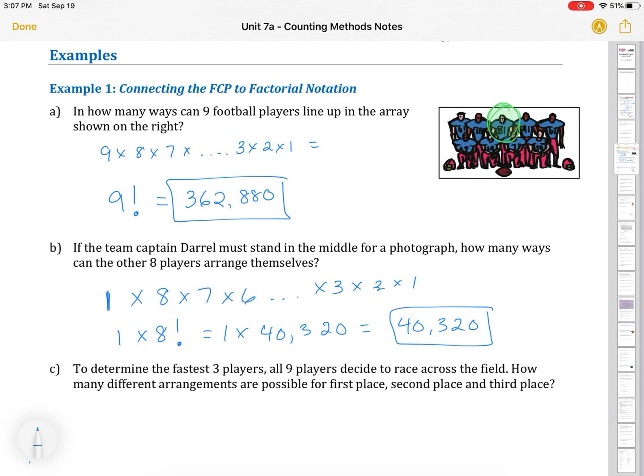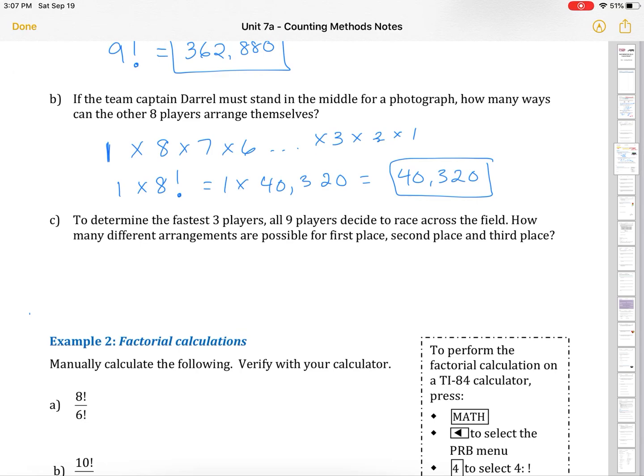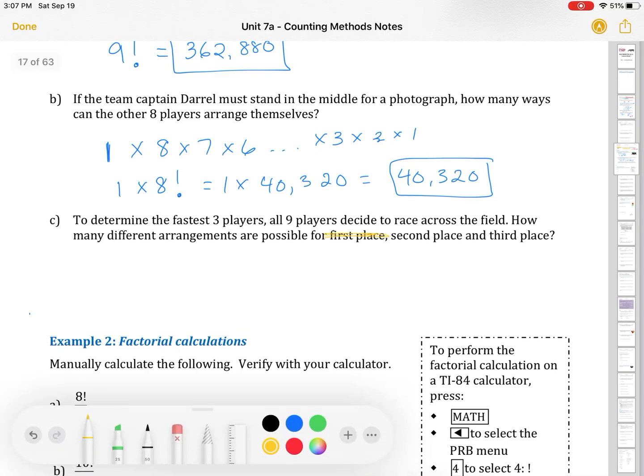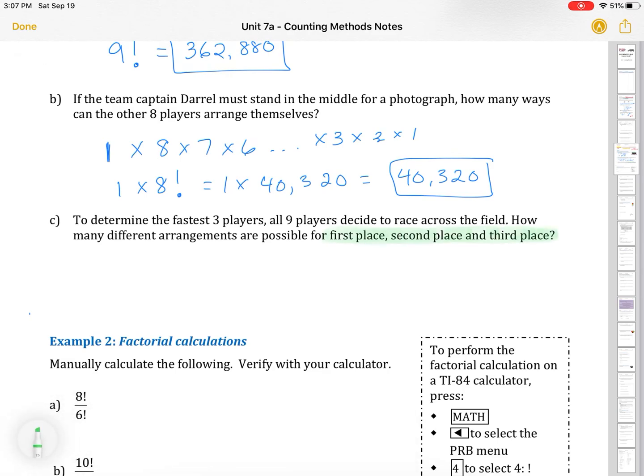Now, to determine the fastest 3 players, all 9 players decide to race across the field. How many different arrangements are possible for first place, second place, and third place? So let's look at this one. We've got the 9 players. We want to know who's fast. So we're looking at first, sorry, I used the wrong pen. I want my nice highlighter. First place, second place, and third place, but there are 9 players. Okay, so we want to know who the first 3 are. So on the one end, we could have 9 possibilities for first place.